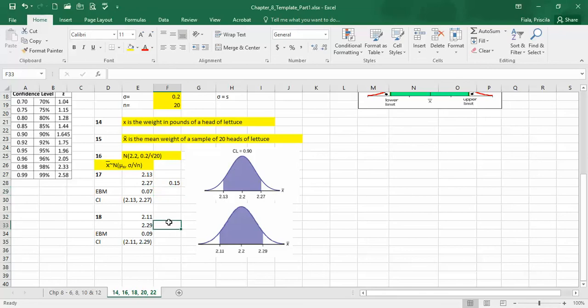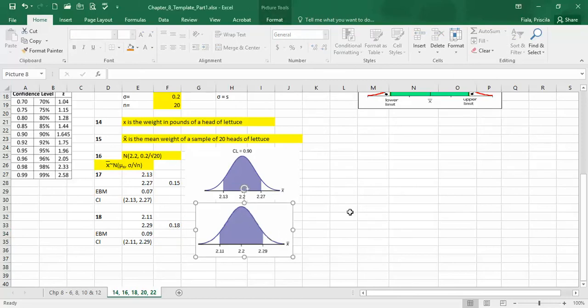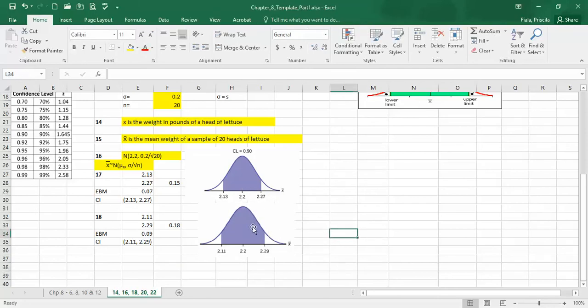Here, if you do 2.29 minus 2.11, it is 18. So you can see the confidence interval, and you can even look at the pictures. I try to put it as close as I can. You can see how the confidence interval area right here is actually larger than the 17. So this question is incorrect.